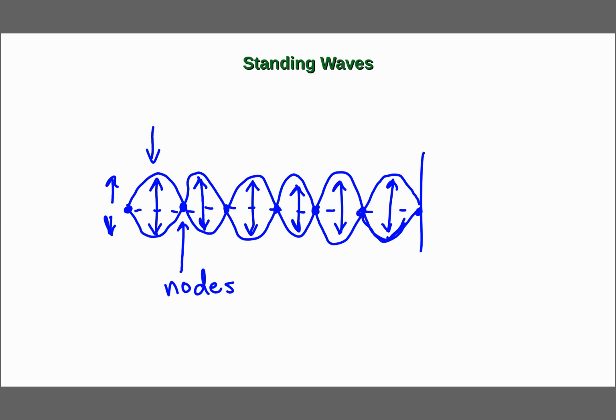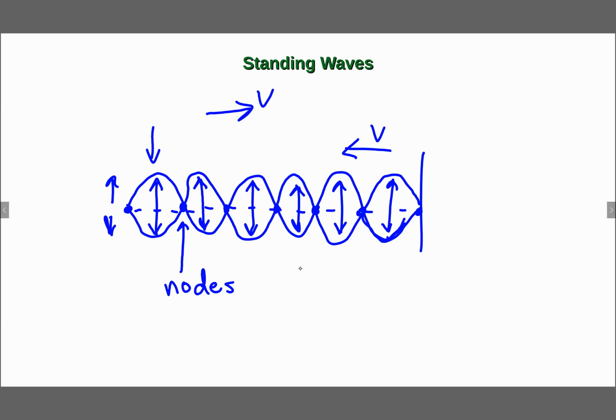And nodes happen to be in places where the string doesn't move at all, because the interference always is destructive interference that adds up. Remember, the waves are moving like this and like this, right? And it just so happens that at these nodes, the interference is always destructive to the point that there is no wave at these points, okay?